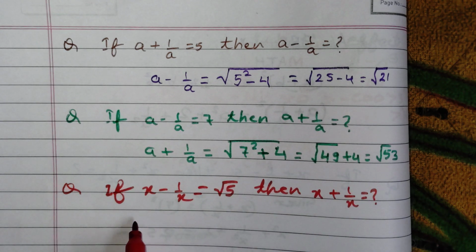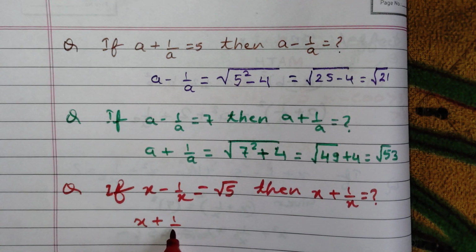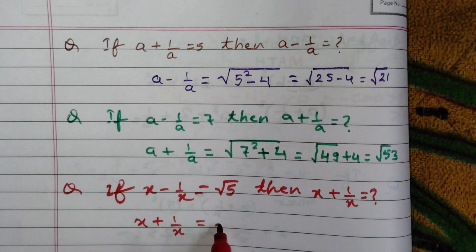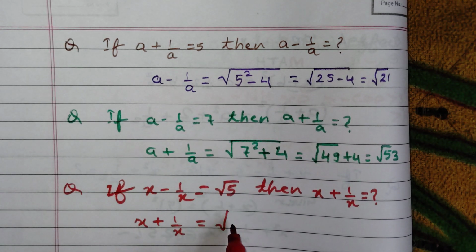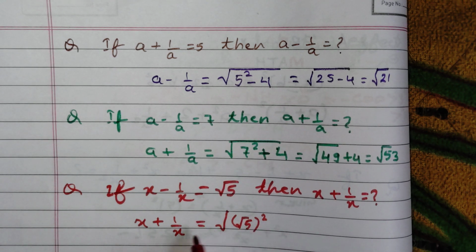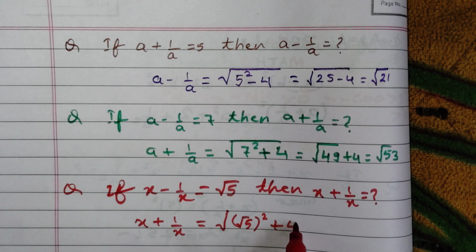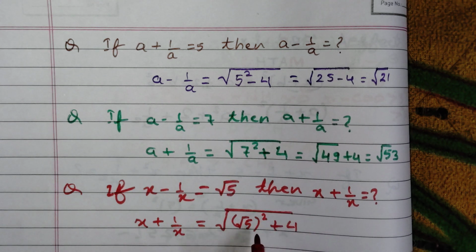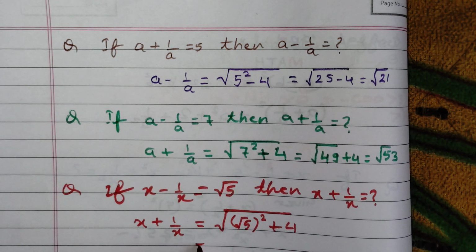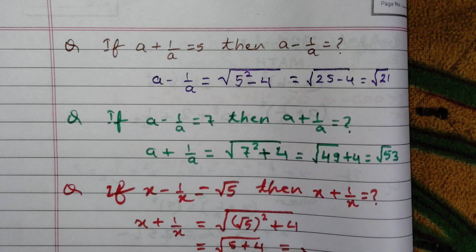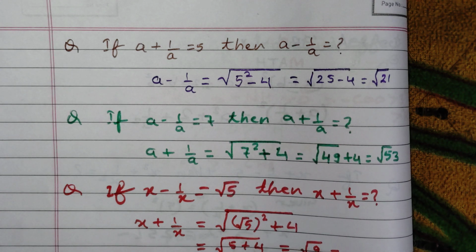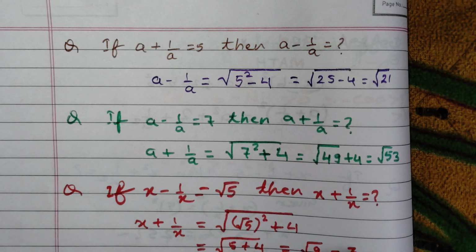In this case also we write x plus 1 upon x identity is equal to square root of this square, that means square root 5 square, and there is plus, so we write plus. So square root 5 square, it gives us 5 plus 4. So square root 5 plus 4, it becomes square root 9. Square root 9 is plus minus 3. So answer is 3, plus minus 3.